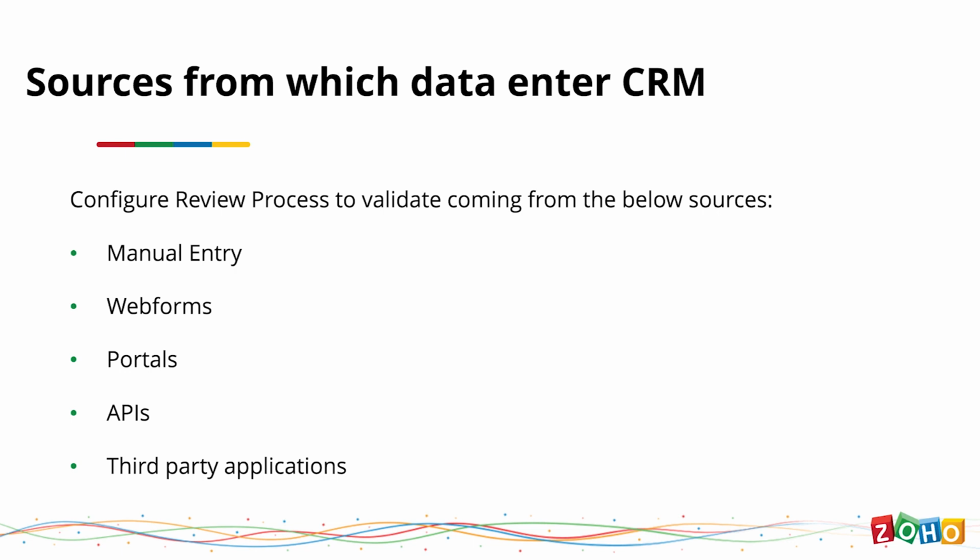Manual addition of sales generated leads, web forms that allow prospects to enter sensitive information themselves, customer portals where your prospects and customers get limited access to add or edit data, where the data gets pushed through APIs, and lastly through third-party sources or applications. Barring manual creation, there is no control on the data entering the system. That is the gap that the newly introduced review process fills.